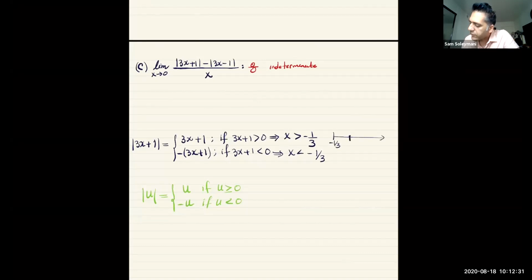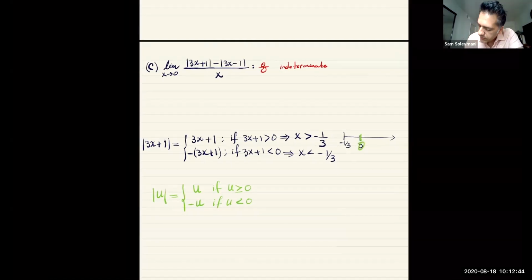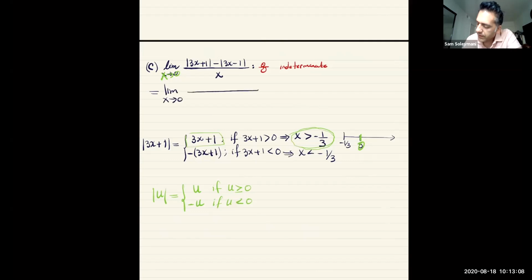So 0 is actually there, correct? 0 is here, and x is going to 0. So since 0 is greater than negative 1/3, then the first absolute value becomes just 3x plus 1.